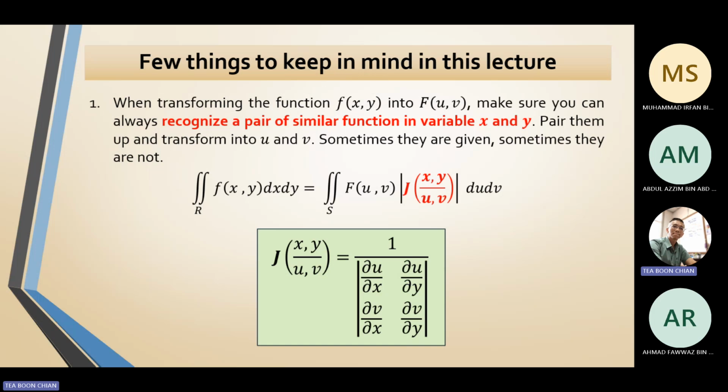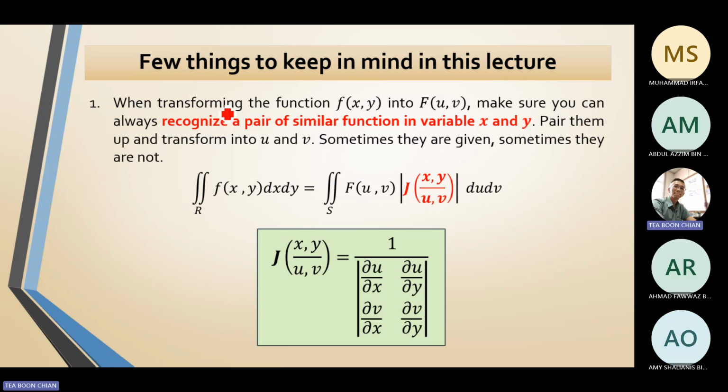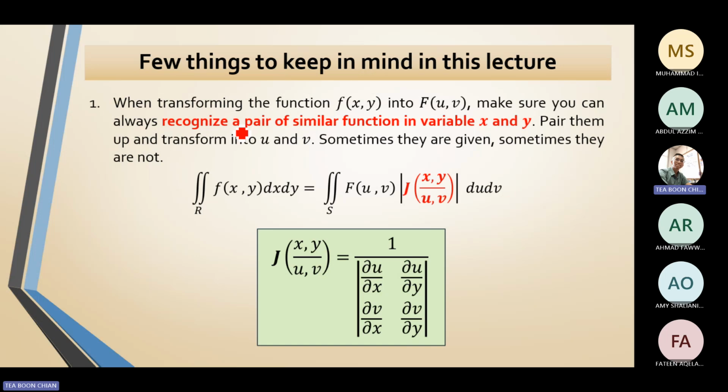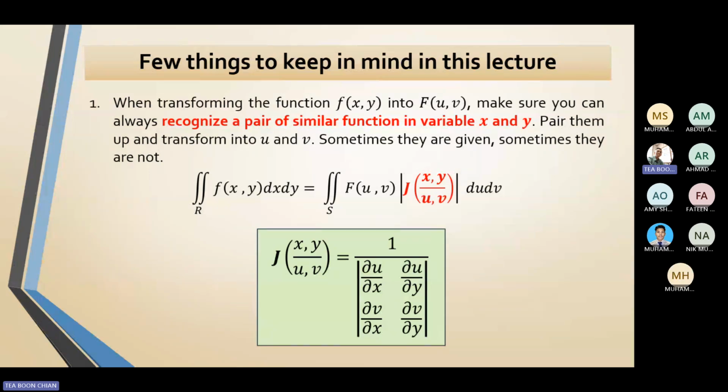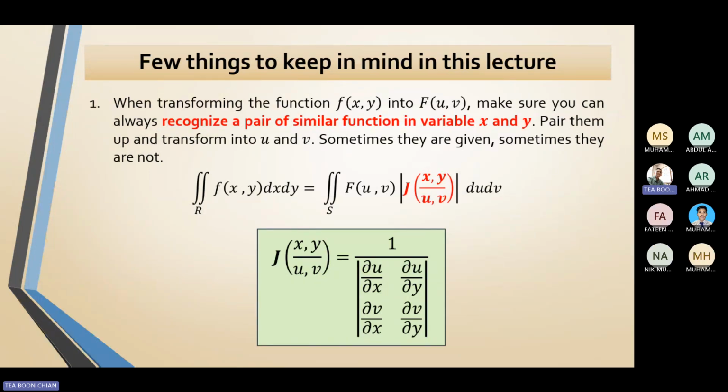Again, in the questions of the UV transformation, you will always be given 4 equations. And under these 4 equations, we will try to recognize and pair 2 similar functions into one set and the other 2 functions into another set, so that later we can transform both of them into U and V respectively.